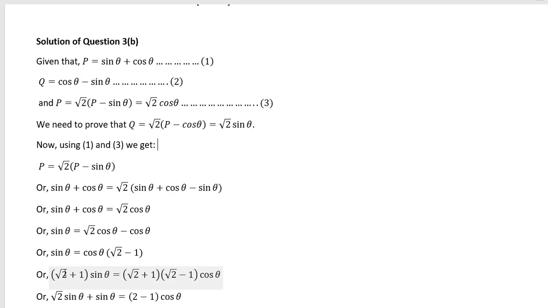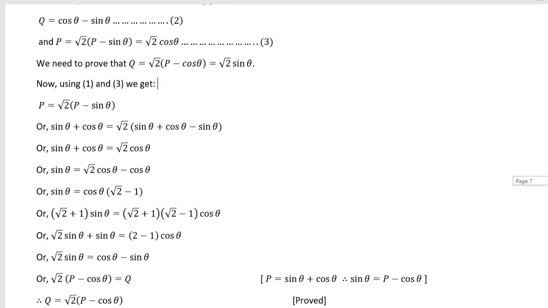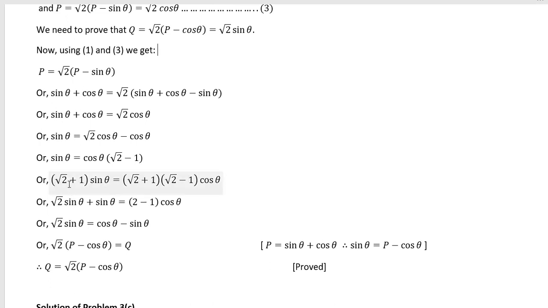Now multiply root 2 plus 1 at both sides, then you will get root 2 plus 1 sin theta is equal to root 2 plus 1 into root 2 minus 1 cos theta. Multiplying root 2 plus 1 with sin theta, you will get root 2 sin theta plus sin theta, and if you multiply these two terms, you will get 2 minus 1 into cos theta. Then root 2 sin theta equal to cos theta minus sin theta.